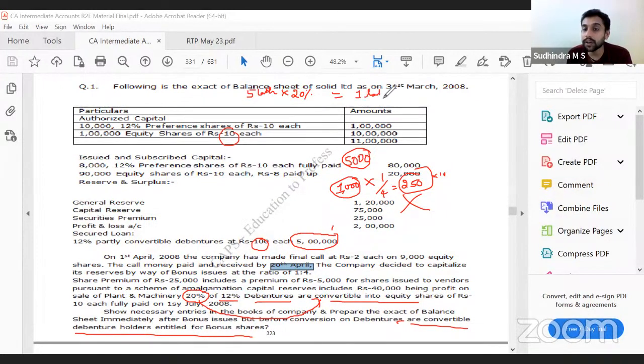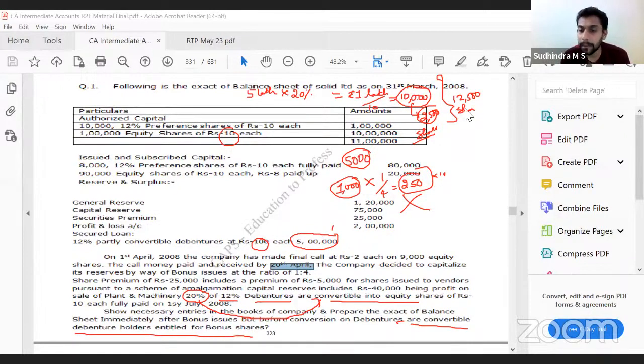It's 1 lakh worth of equity shares divided by 10, which is 10,000 equity shares that we are converting into. Divided by 4, 2,500 shares is what we have to provide for. While converting, we'll convert it into 10,000 plus 2,500, which is 12,500 shares. Everyone understood?